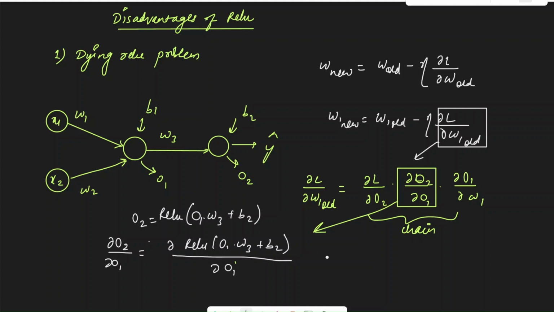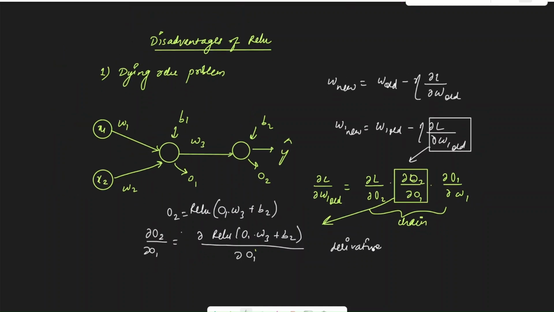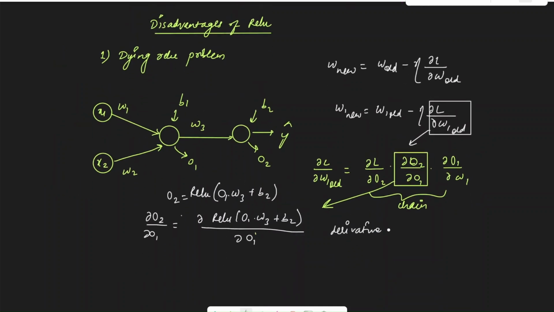Now we know that for the ReLU function, its derivative is either 0 or 1. If x is greater than 0, then it is 1. If x is less than or equal to 0, then it is equal to 0. So suppose that in this network, here we obtained a 0.